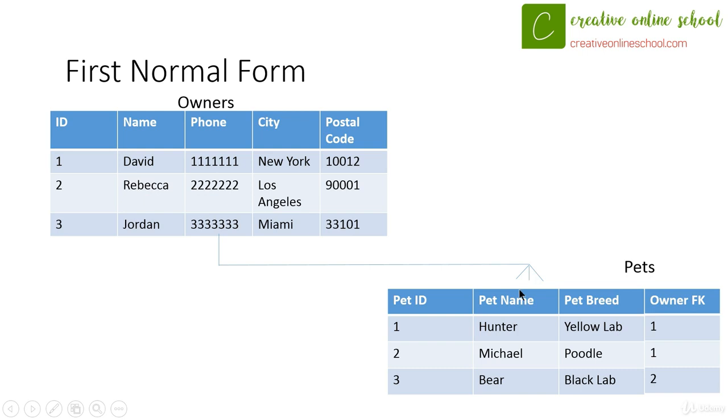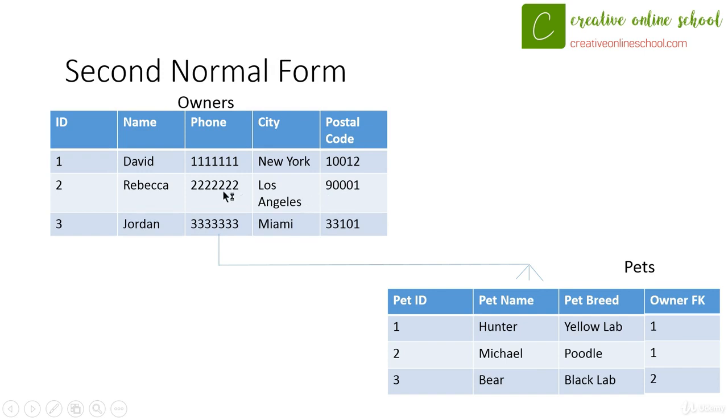If you remember from the last lesson, this means that there is a one-to-many relationship, meaning that one owner can own many pets. As you can see, the foreign key 1 inside of the pets table is known as the owner David, as you can see right here. So David owns more than one pet.